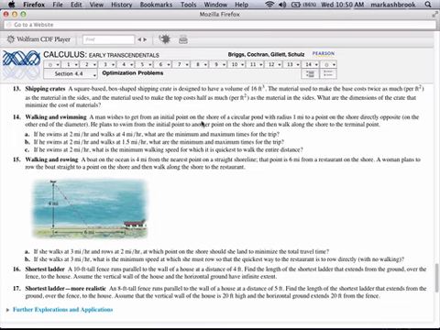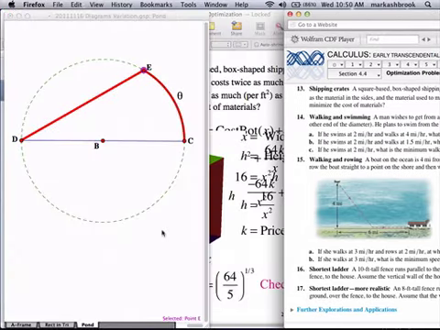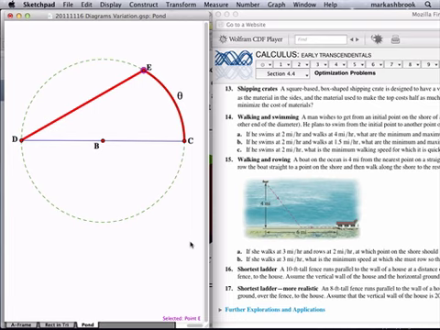A man wishes to get from the initial point on the shore, with a radius of 1, to a point on the shore directly opposite. He plans to swim and then walk. So part A says he swims 2 miles per hour and walks 4 miles per hour. So he swims. So this would be the starting point here.